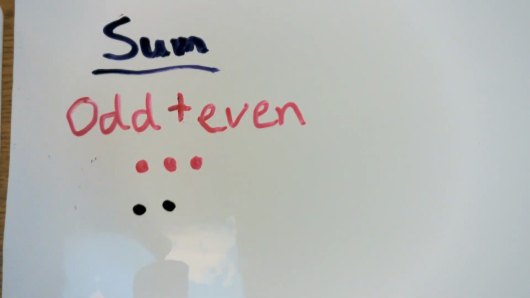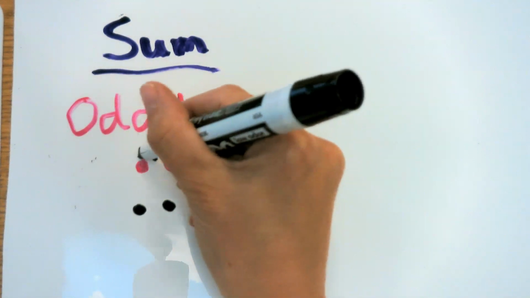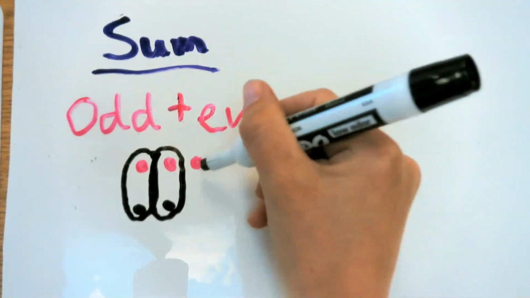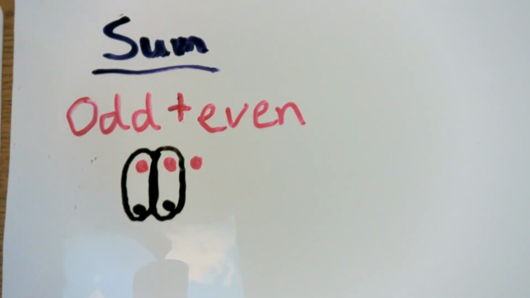So what we're going to notice is that our even is going to have a pair with the odd. But our odd is going to have one extra unit that cannot be divisible by 2.